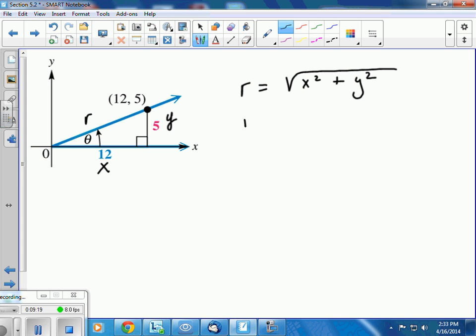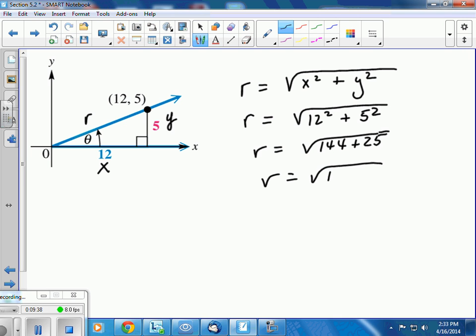So using that formula, r will be the square root of 12 squared plus 5 squared. R therefore is the square root of 144 plus 25. R then is the square root of 169, and r then is 13. So now I found r to be 13.